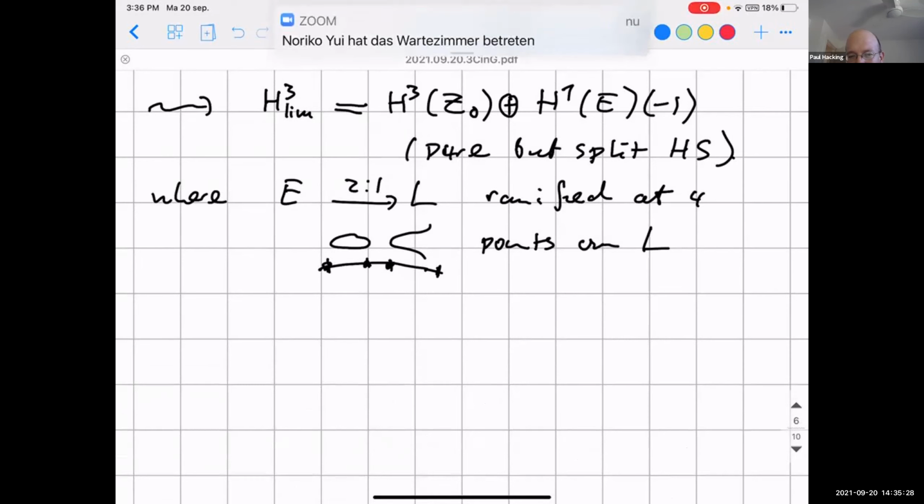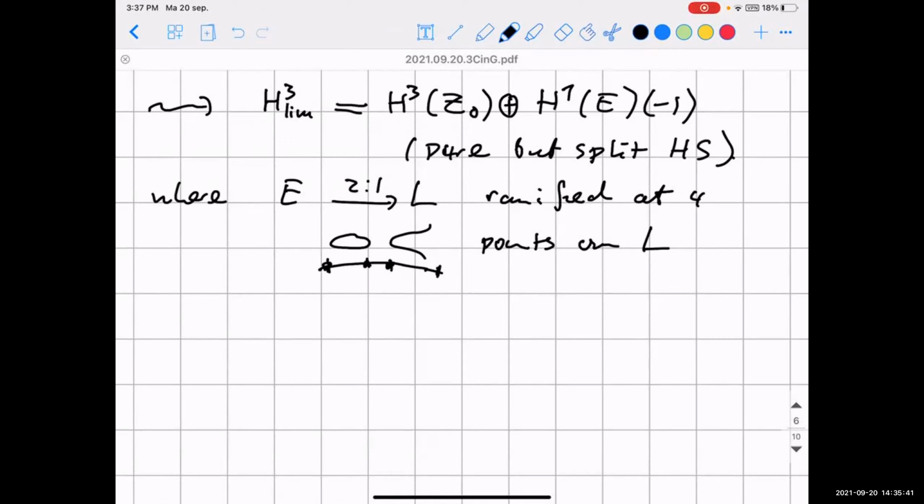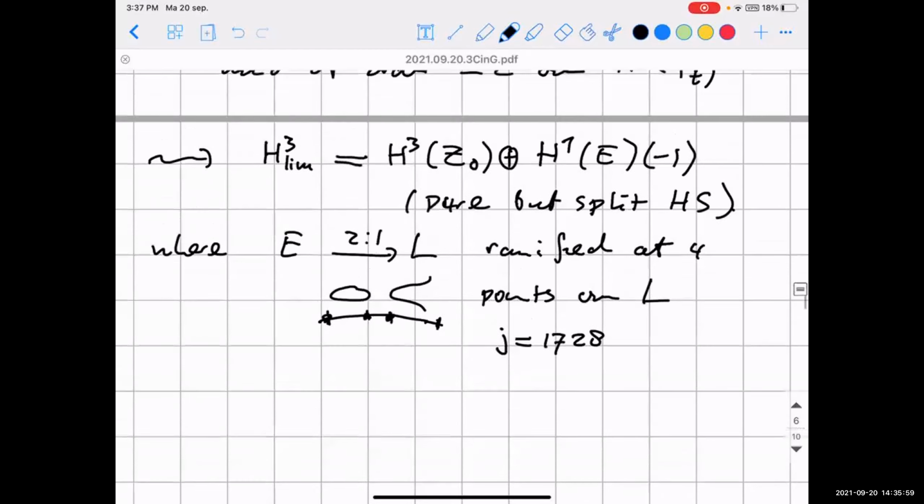I think in Pelham's work it was like the Weyl group that shows up, like the Weyl group for K3s. You get reflections. Is that what you're talking about? No, not really. But it is closely related. But the j-invariant is 1728.